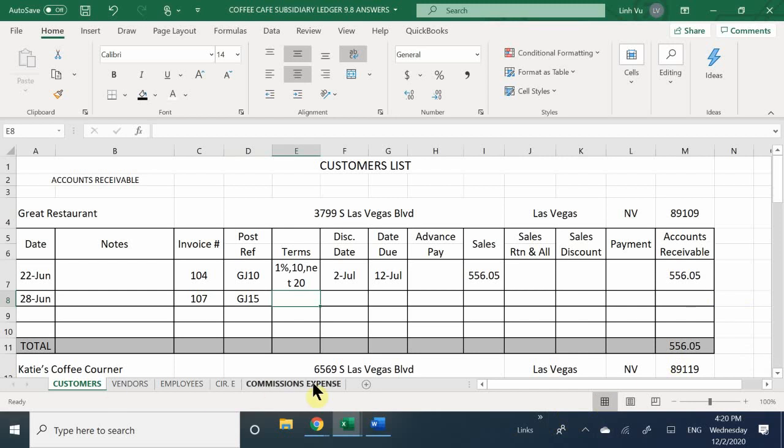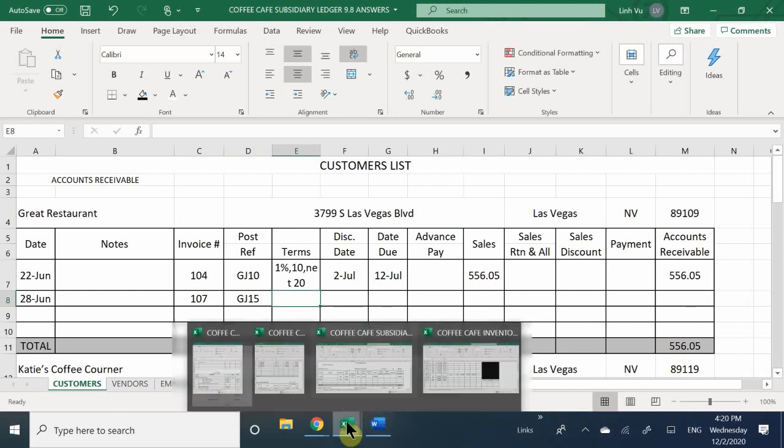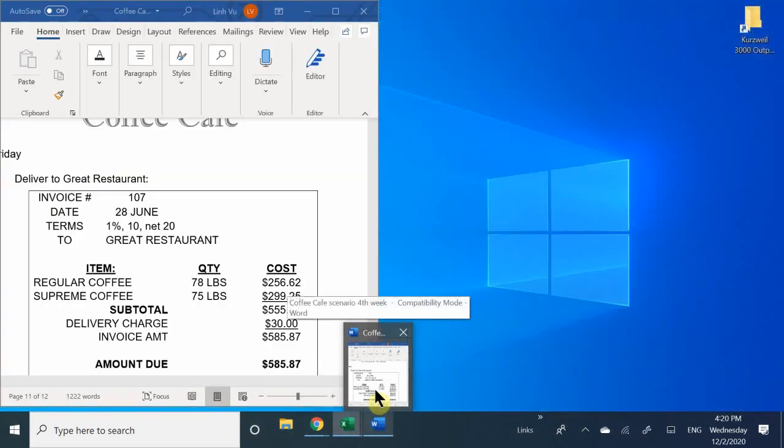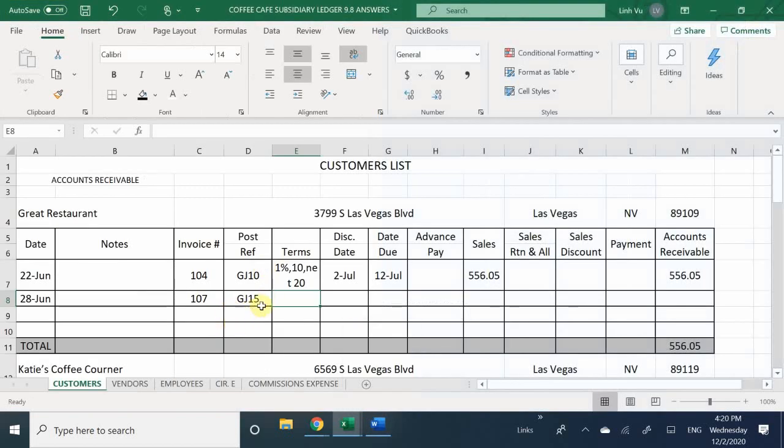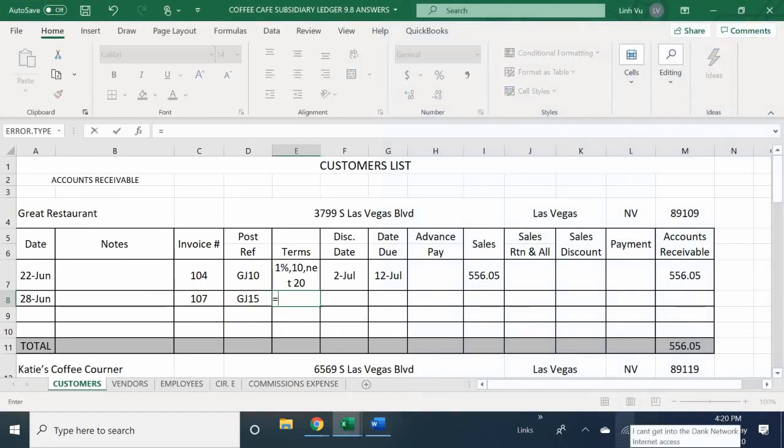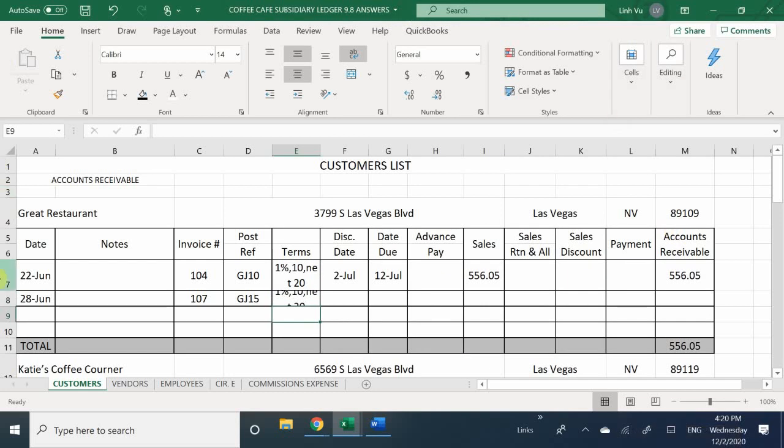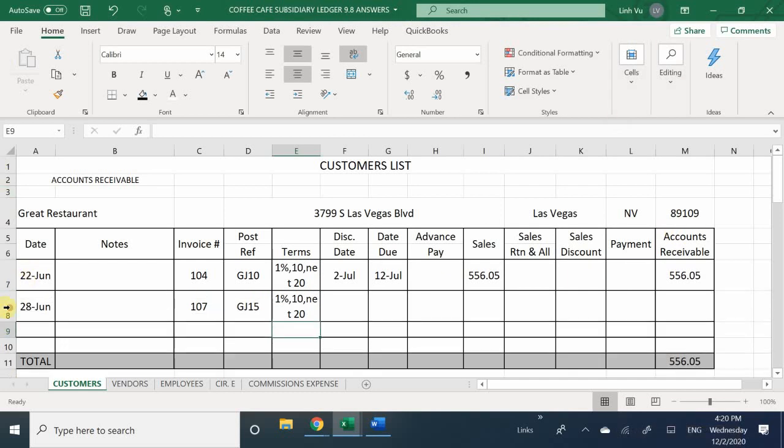Okay, and the invoice number 107. Journal 16. Yes, 16. Okay, and the terms again are the 1%, 10, not 20.